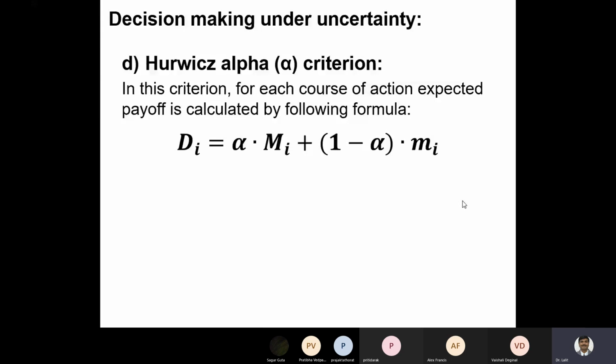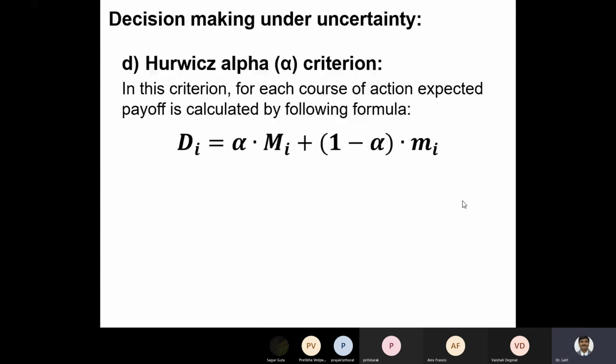Let's suppose that the best payoff is 100 and the worst payoff is say 50. If the person is neither 100% optimistic nor 100% pessimistic, then he may expect a payoff somewhere between 50 and 100.